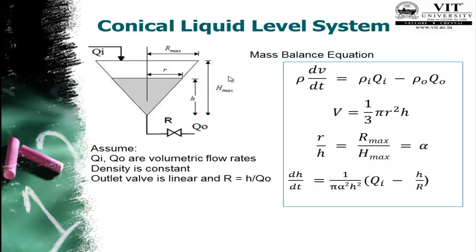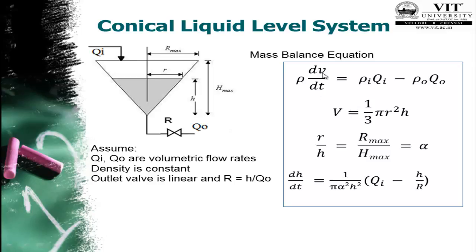Trigonometrically, if you know the maximum radius and the maximum height, for any h and r, we have this relationship alpha. So this alpha is constant for a given tank.